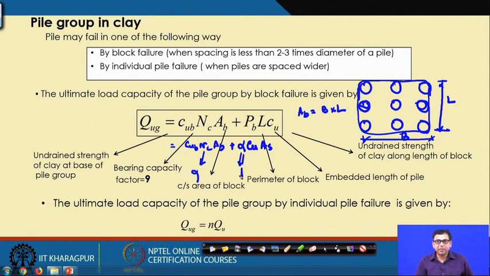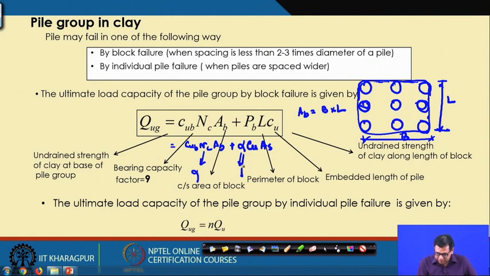Why? Because it is settling as a block and in between that this is the soil. So, most of the interaction when this block is deforming or deflecting, then the friction is between soil and soil, because this portion is soil, this portion is soil, this is soil, this is soil. So, it is between soil and soil. So, that is why adhesion factor is 1.